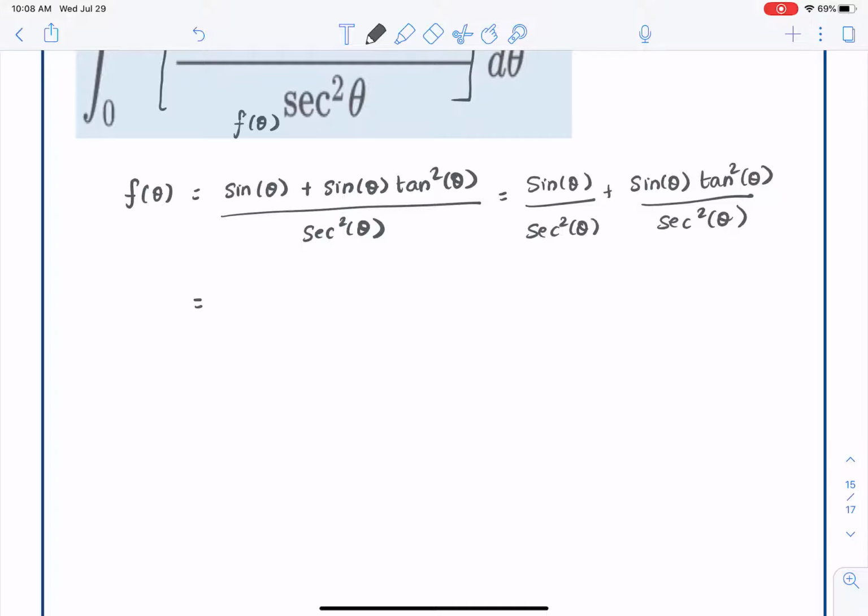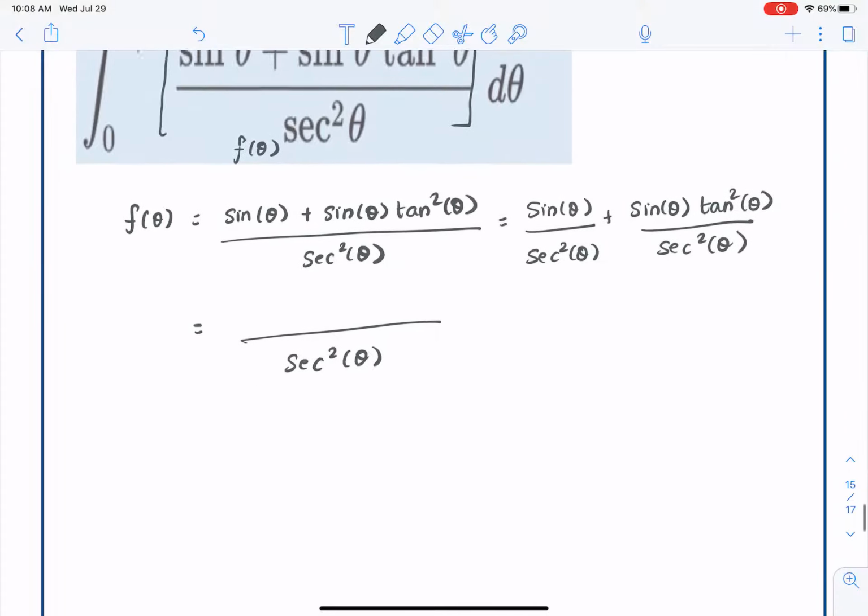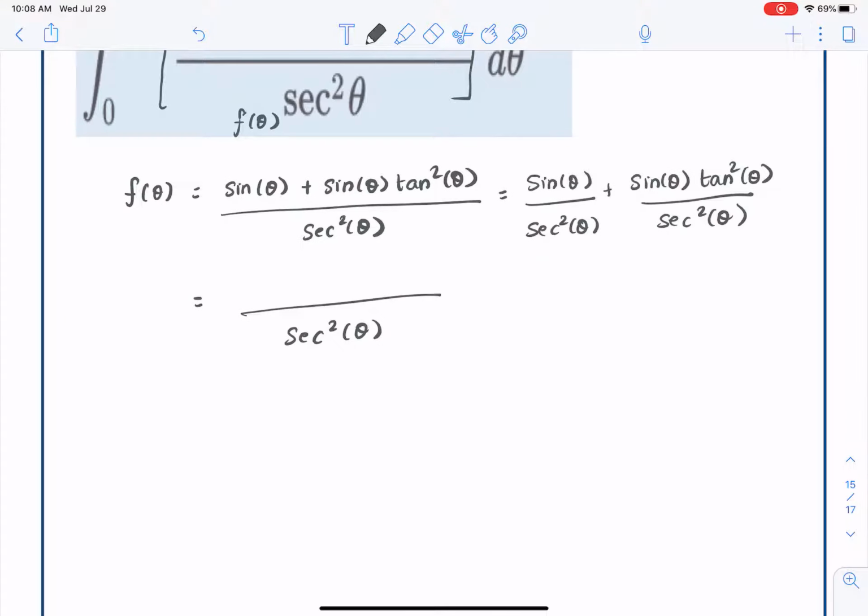Oh, we shouldn't take the common denominator. What do we know about secant theta and tangent theta? We know secant squared theta is 1 plus tangent squared theta.